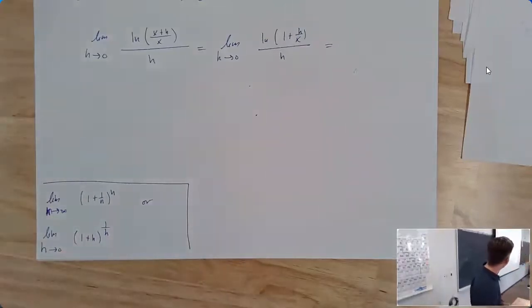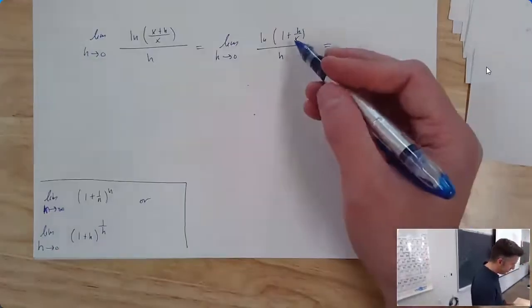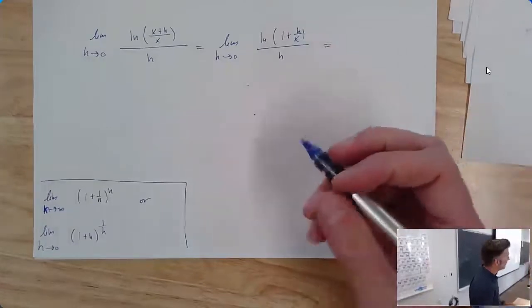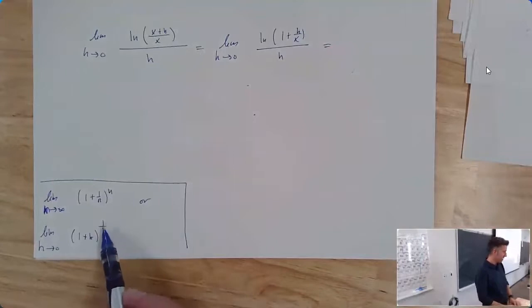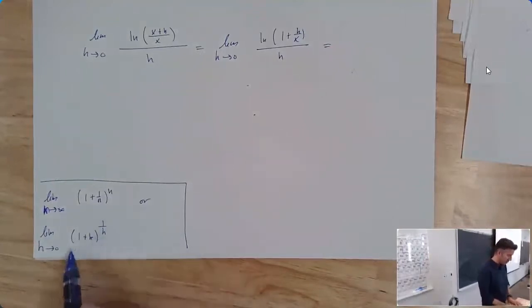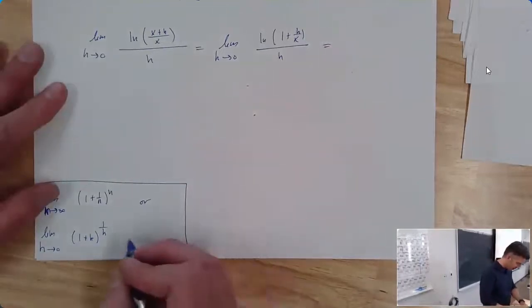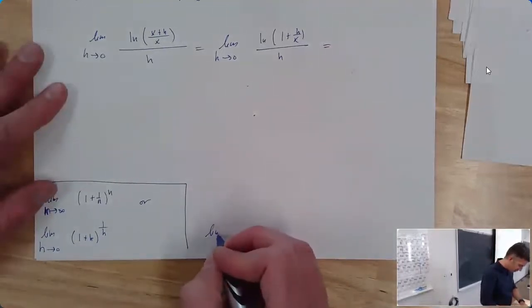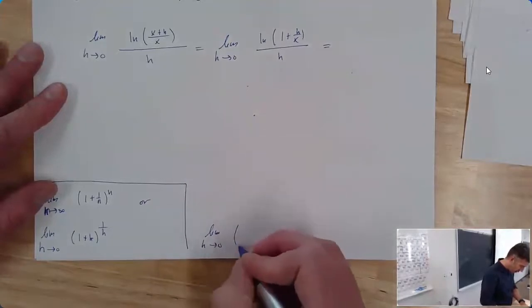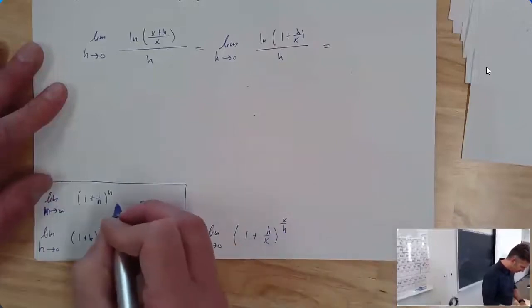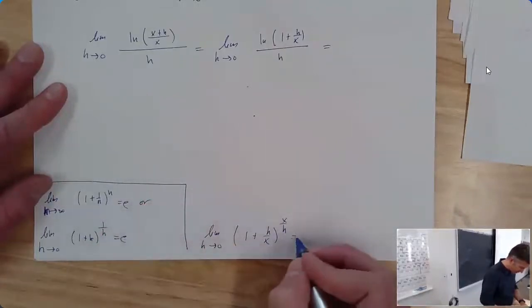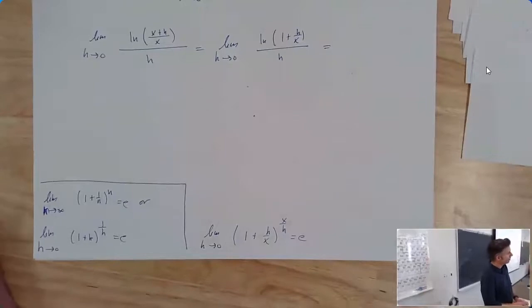And I kind of have something that maybe looks a little bit like that. Kind of. I have 1 plus h over x. And what I should really say about this e definition is it doesn't actually have to be h here and 1 over h here. It can actually be anything that's going to 0 and its reciprocal. So it'd be perfectly fine to have this, but it would also be perfectly fine to have the limit as h goes to 0 of 1 plus h over x to the x over h. All these limits are in fact the number e. Fun fact. Kind of cool.